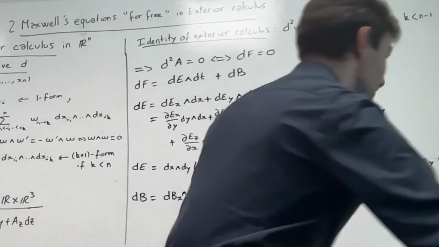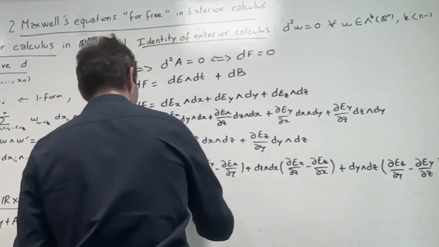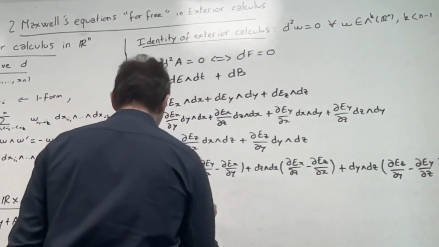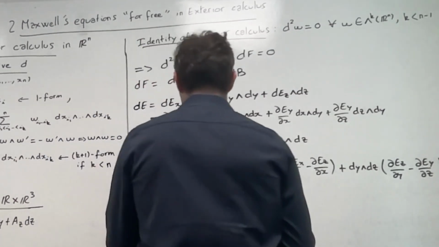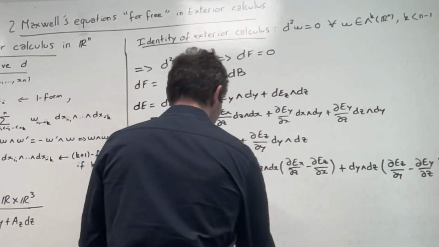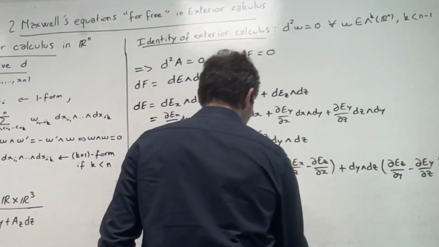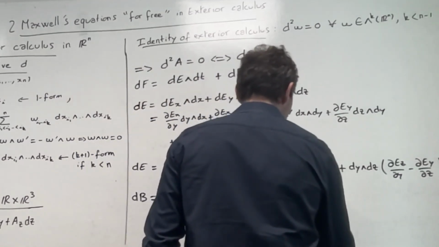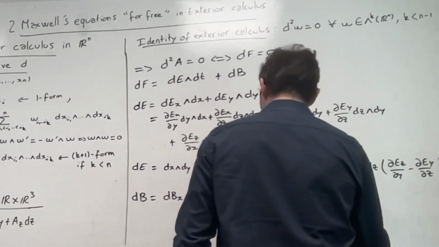I need to put the wedges correctly here. Plus dBy/dy, dz wedge dx, and then plus dBz/dz, and then dx wedge dy.